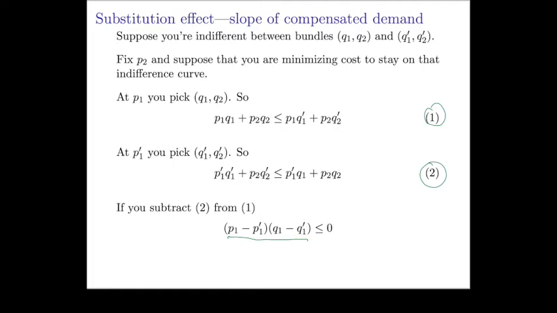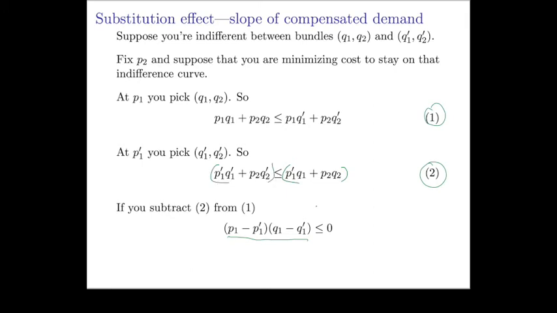So let's write that out. Since we're going to subtract 2 from 1, let's first flip the sign of inequality 2. Since we're going to flip the sign, we're going to multiply both sides by minus 1. The direction of the inequality is going to change. So this part is going to move to the left, this part is going to move to the right.